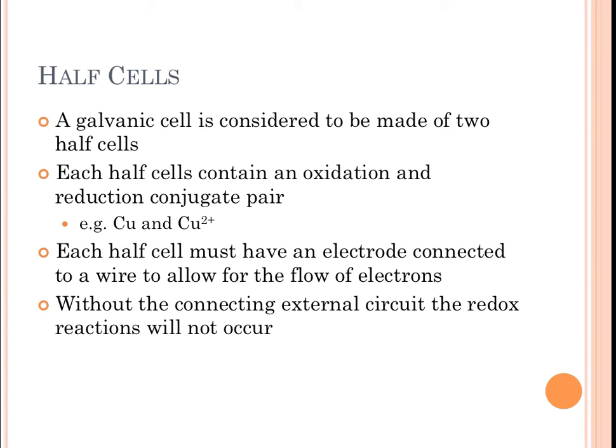And each half cell will also have an electrode, which is normally a piece of metal, and it's normally the metal which is part of your oxidation reduction half pair, but it could be something else, like a bit of graphite, which is going to conduct electricity. Okay? They would allow the flow of electrons, which is our electrical circuit. And we'd also have something which allows the movement of ions, which completes our circuit. Without connecting them, those two beakers will just sit there and not react. If we mix them together, they'd react, but they'd give out energy in the form of heat rather than electricity.